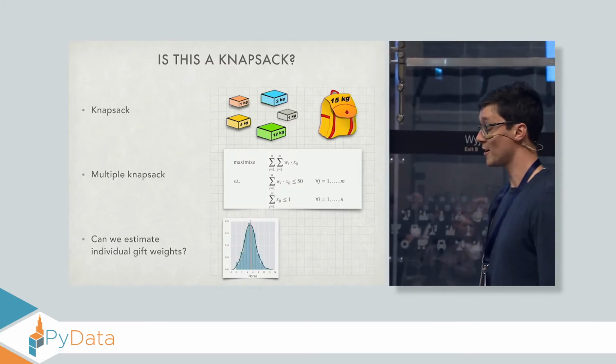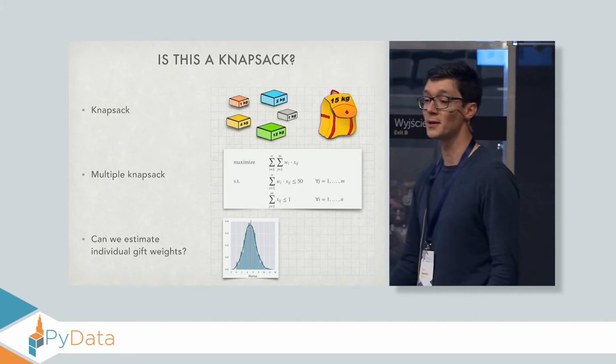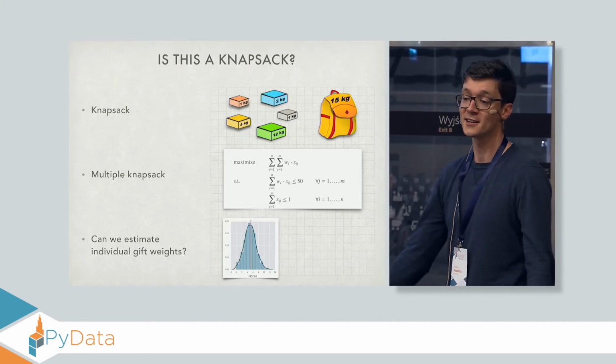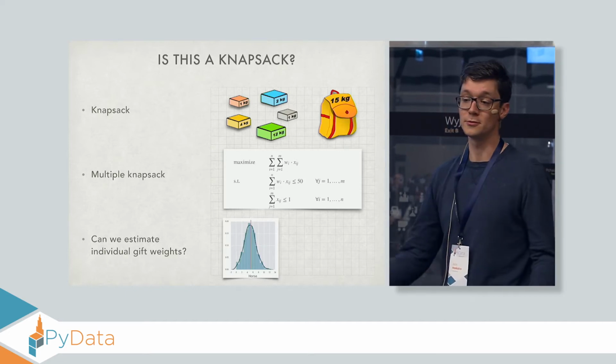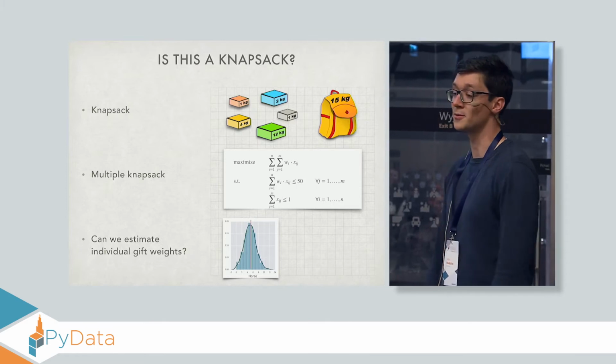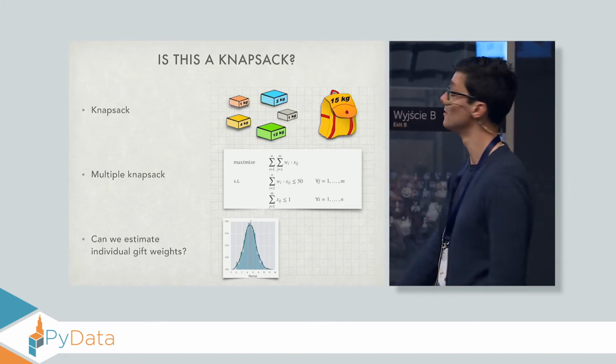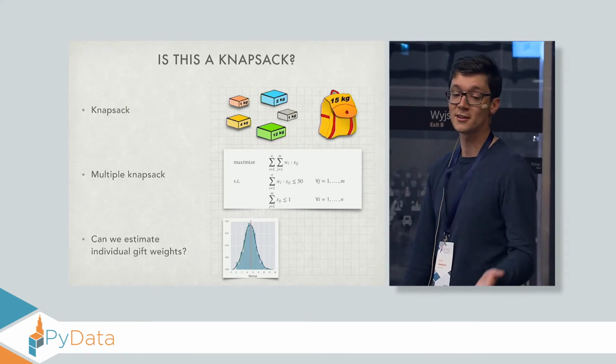So if you have any background in optimization, I think you will probably wonder, is this a knapsack? For those who don't know the knapsack problem, it's an NP-hard optimization problem where you have to put stuff in bags. So of course that sounds quite similar.